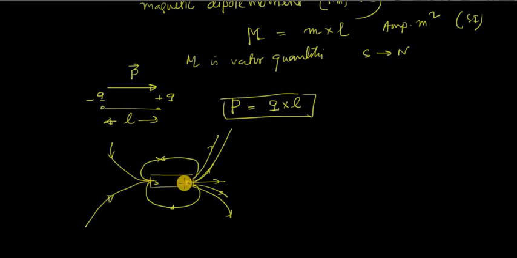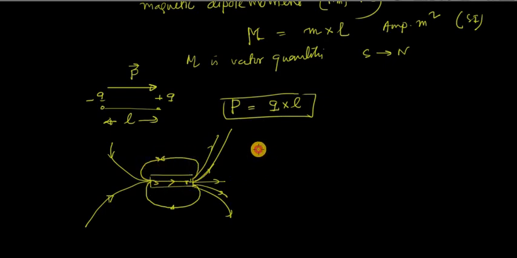Outside the magnet, lines of force come out from the north pole and enter into the south pole, but inside the magnet, lines of force come out from the south pole and end at the north pole. So magnetic lines of force form a closed loop.